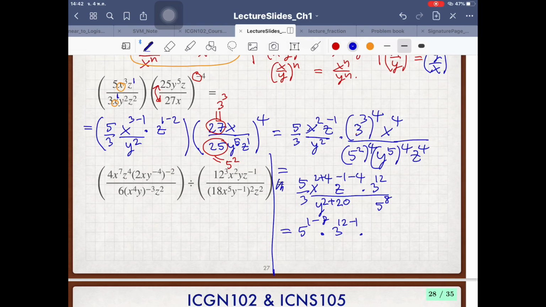Then x to the power 6, and y, if I move it up here, it's going to be y to the power minus 22. And then z to the power minus 5. So at the end, you're going to get this answer.